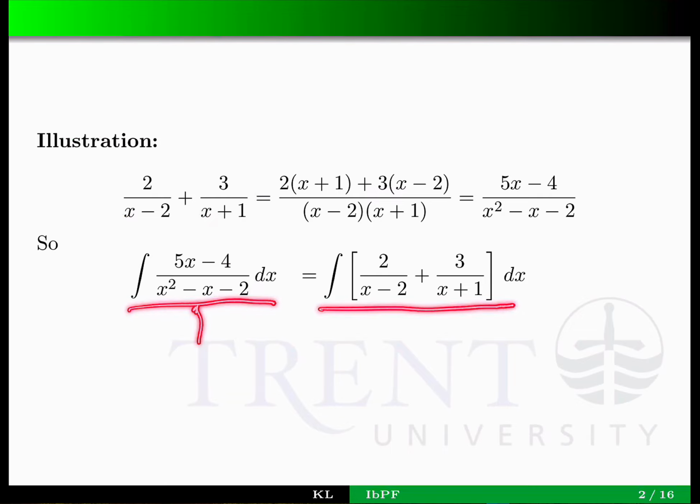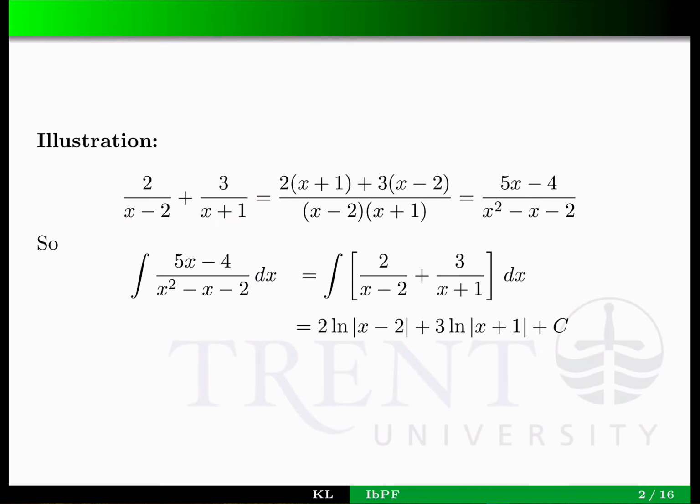So now we have the integral of 2 over x minus 2 plus 3 over x plus 1 dx. Using simple substitution and integrating it, we will end up with the following expression: 2 ln absolute value of x minus 2 plus 3 ln absolute value of x plus 1 plus c.